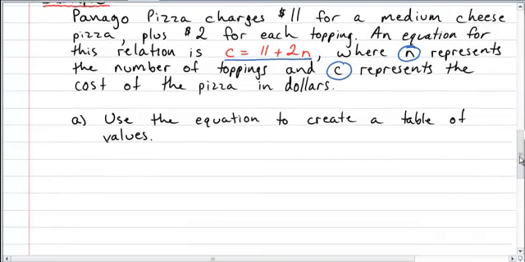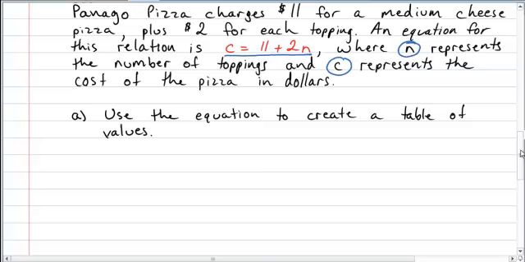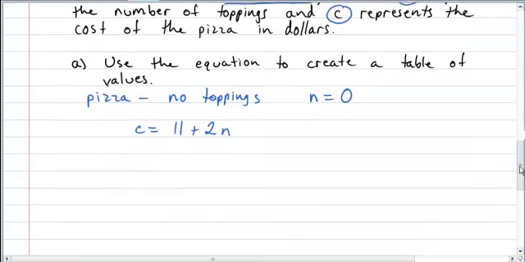So the first thing we're going to do is say, okay, well, you can order a pizza with no toppings, right? Some people just like cheese pizza. So no toppings. Then in our table of values, we would have n equals 0. So if we write this out as an equation, we have C equals 11 plus 2n, which would be written like this.